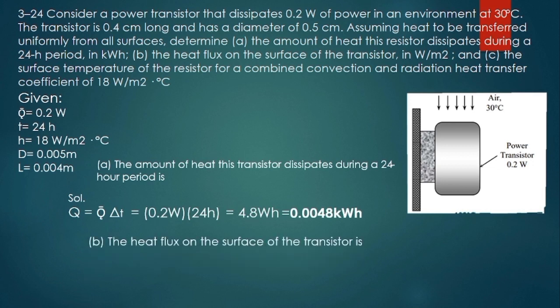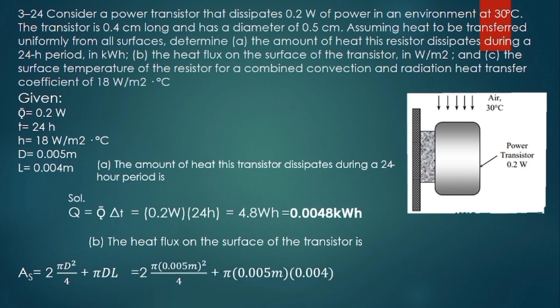Next, we're going to find the heat flux on the surface of the transistor. The equation for heat flux is equal to Q over area. So first, we're going to find the surface area. The equation that we're going to use is area of the surface is equal to 2 times pi times diameter squared over 4, plus pi times diameter times length.